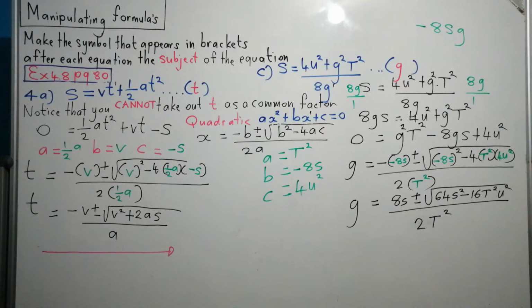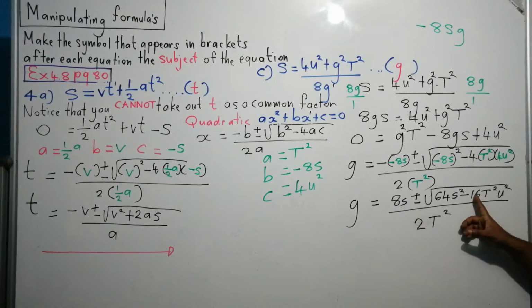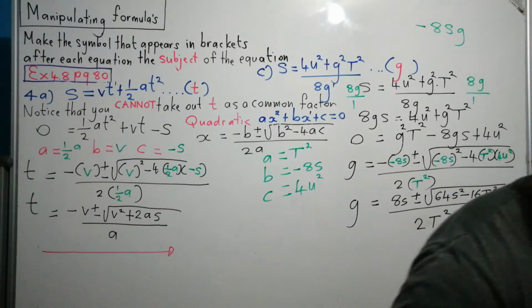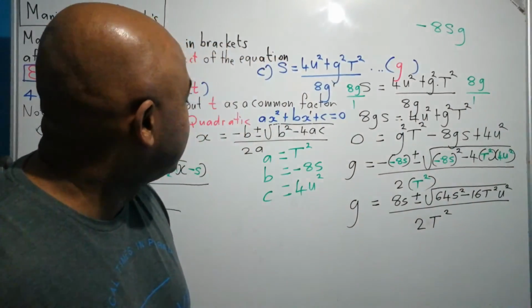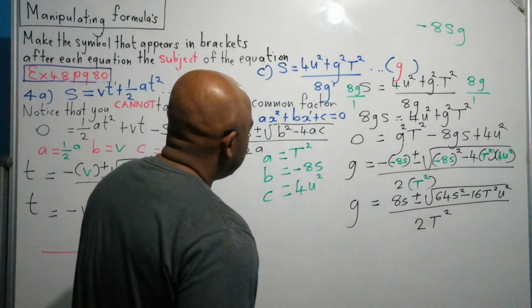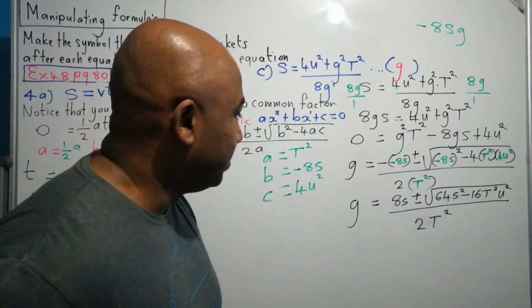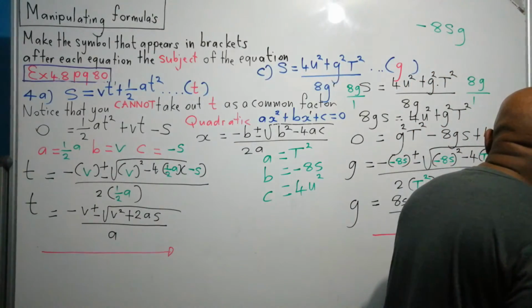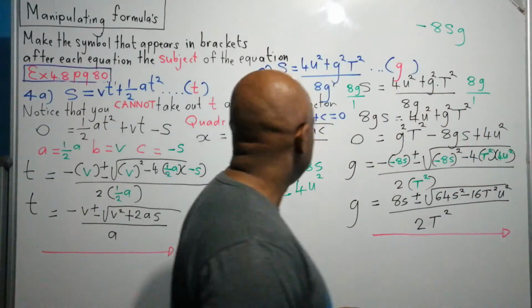Okay, but however, you can go and simplify this further. You can see you can take out a common factor here, and then you can simplify. Let me just show you how to get to that textbook final answer there. So this here is fine for the exam.